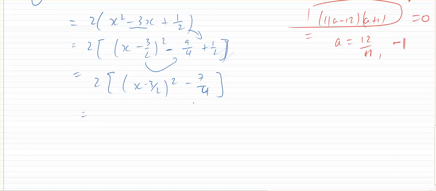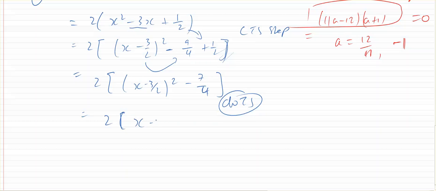And all I'm using is dots. So this is the complete the square step, and this is the dots step. So when we use the dots, I've got a 2 at the front. I've got x minus 3 on 2 minus the square root of that thing. So it's root 7, square root of 4 is 2, x minus 3 on 2 plus root 7 on 2.